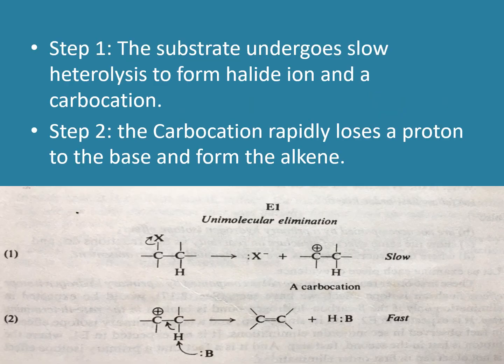The E1 involves two steps. The first step is that the substrate undergoes a slow heterolysis to form a halide ion and a carbocation. So the alkyl halide, that is the substrate, undergoes a slow heterolysis process. Heterolysis means in this process one of the atoms acquires both of the bonding electrons when the bond is broken. So from the alkyl halide, the halide ion is leaving and we will get a carbocation.